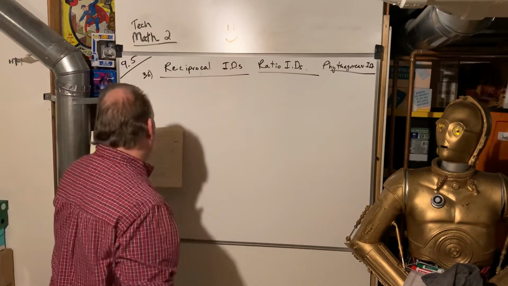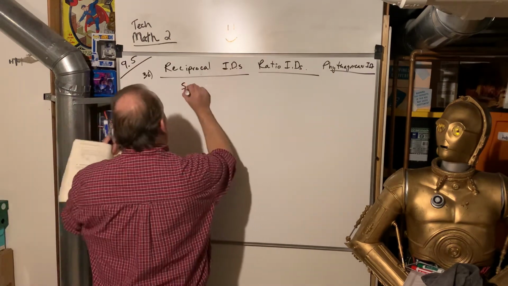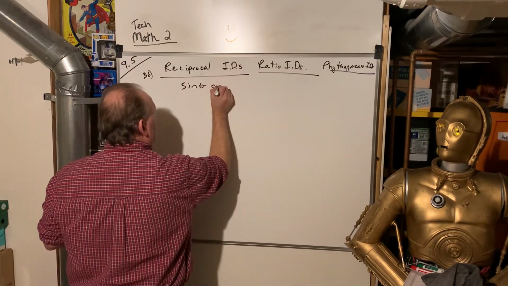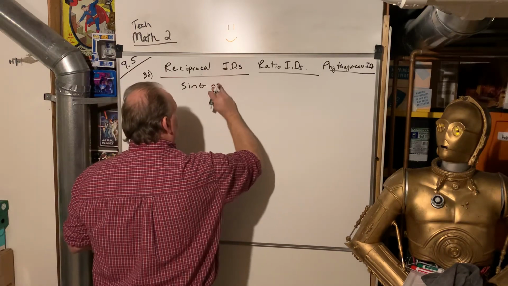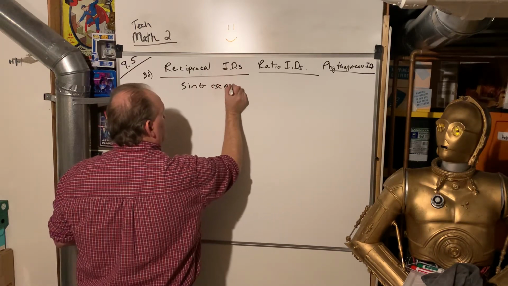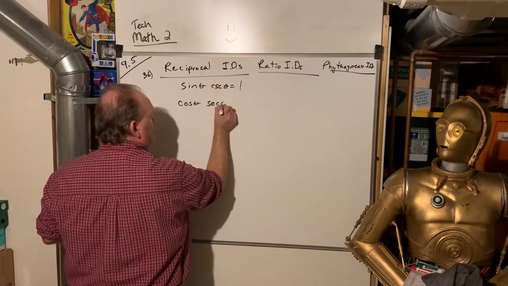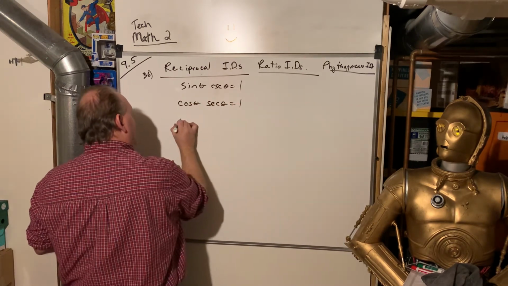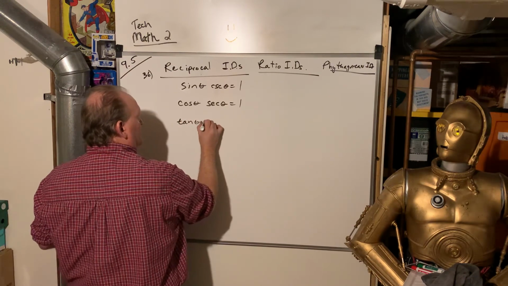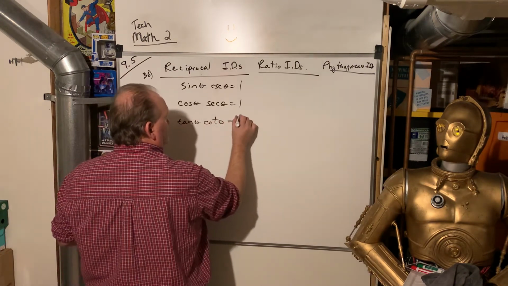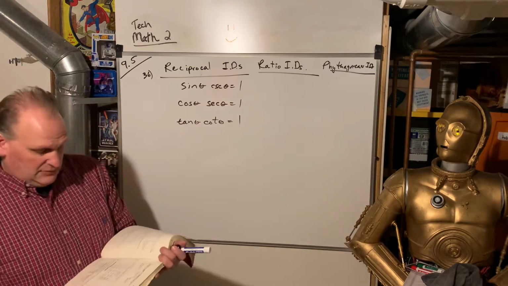So reciprocal identities, that's just sine theta times cosecant theta is equal to 1. Cosine theta times secant theta is equal to 1. Tangent theta times cotangent theta is equal to 1. So just what you would think.